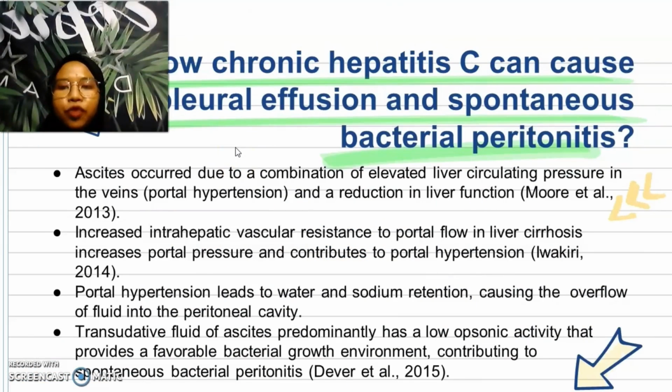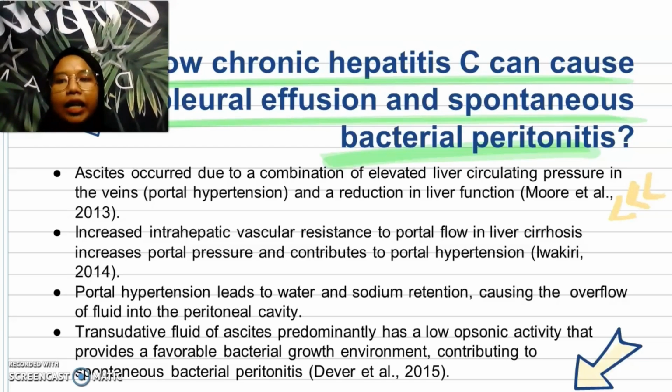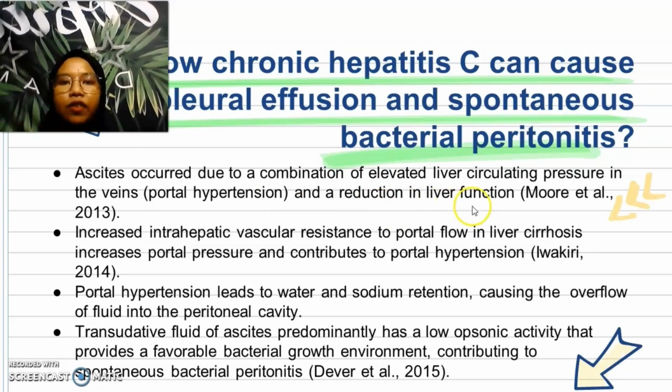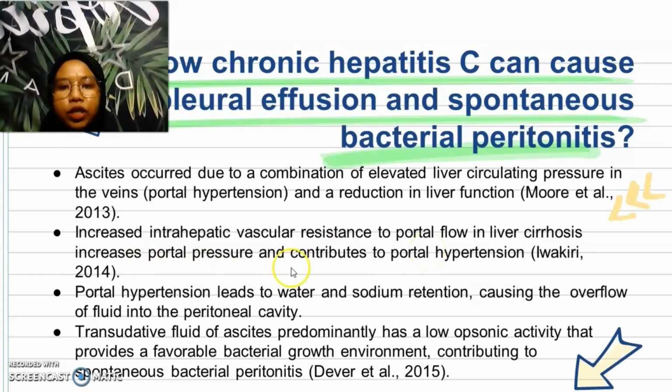Now we move on to the explanation of how chronic hepatitis C can cause pleural effusion and spontaneous bacterial peritonitis. Basically, ascites occurs due to a combination of elevated circulating pressure in the veins, also known as portal hypertension, and a reduction in liver function. As we all know, chronic hepatitis in Mr. T will increase intrahepatic vascular resistance to portal flow in liver cirrhosis, and this will increase portal pressure and thus contribute to portal hypertension.